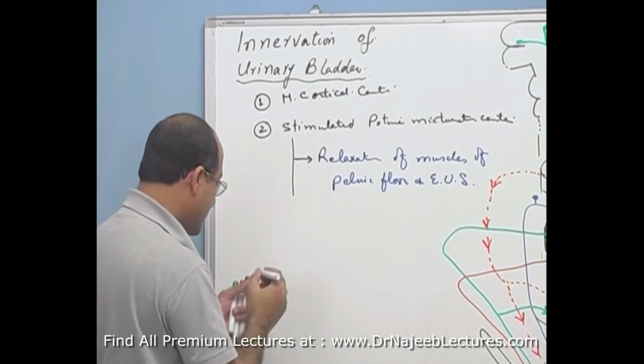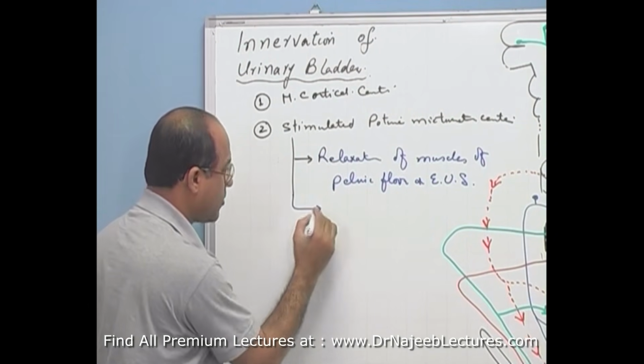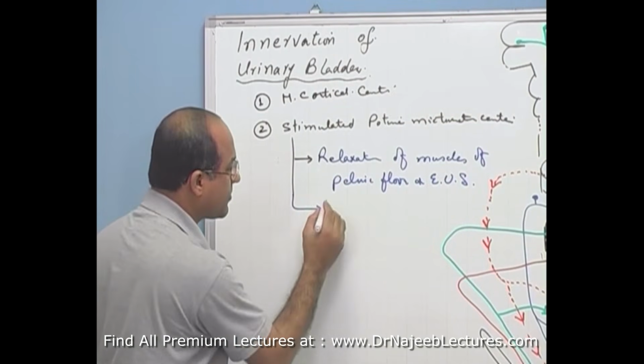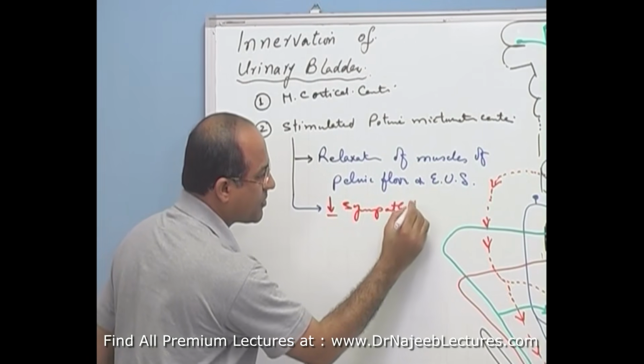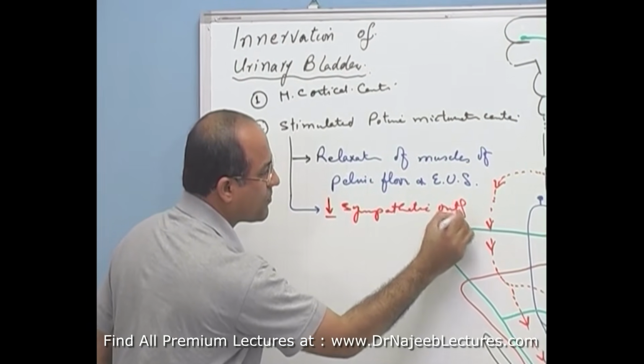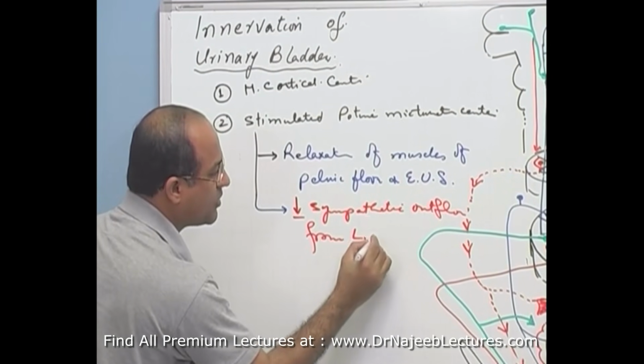Now, at the same time, it inhibits sympathetic outflow from which area? L1, 2, 3.